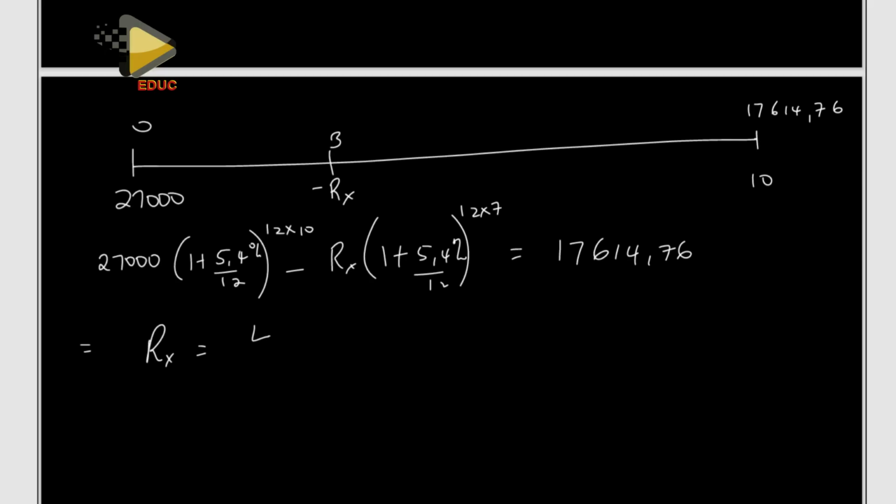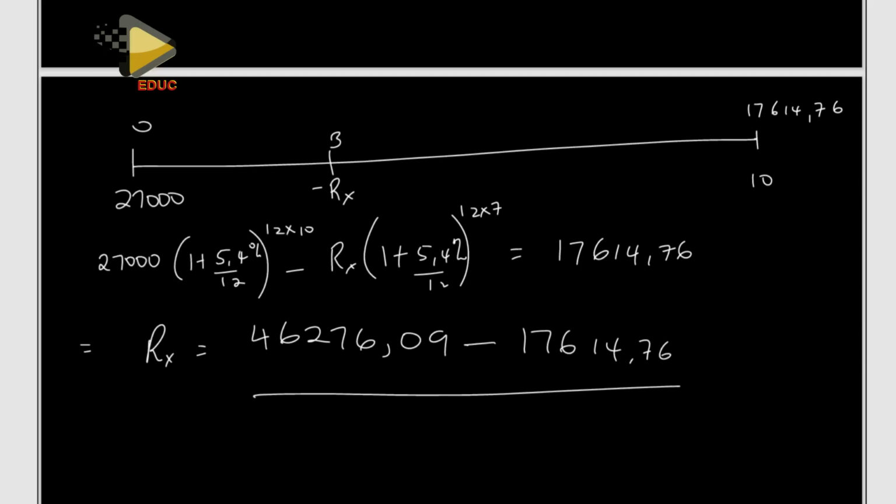That gives me 46276.09. I'm subtracting the 17,614.76, and then I'm going to divide by just this portion. So that portion alone, let's delete this first. This is going to be 12 times 7. This should be 84.